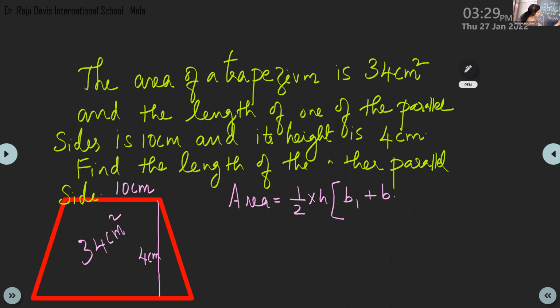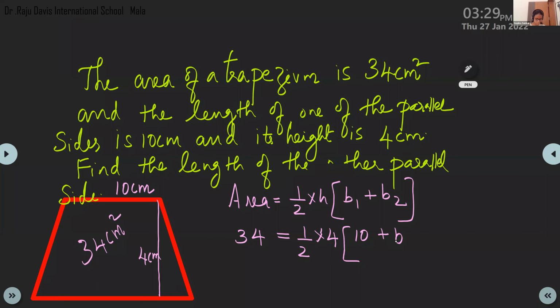So let us substitute here. 34 is equal to half into height, already given 4 centimeter, into base 1, which is 10, plus base 2. We want to find base 2; we don't know what it is, let it be there.